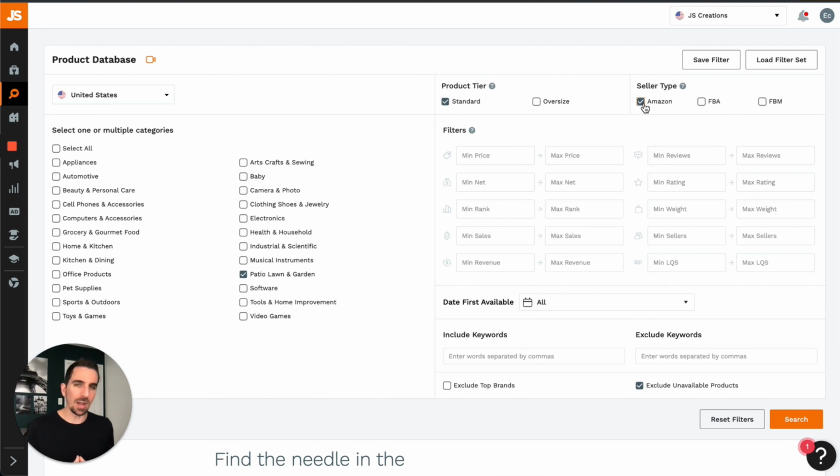But even though Amazon sells a lot of products, they don't always put a lot of heart or thought into those products. And so you could still compete against them if you could make a differentiator to the product or just give a better experience to your customer with your branding and your service. So if you want to see what Amazon has identified as a good product to sell, you could click this box. Next to that are FBA and FBM.